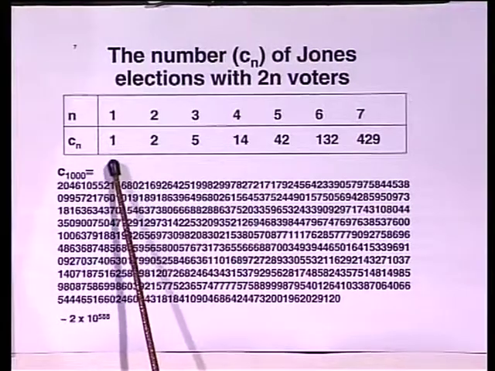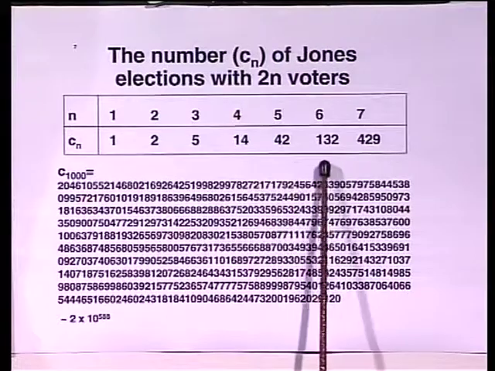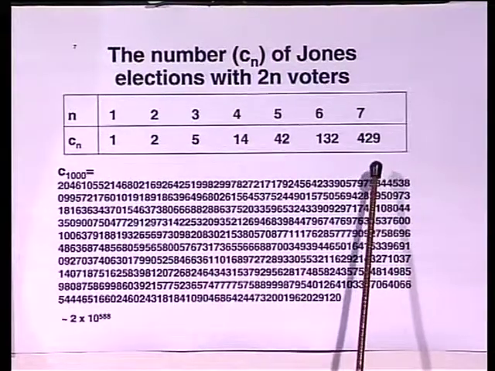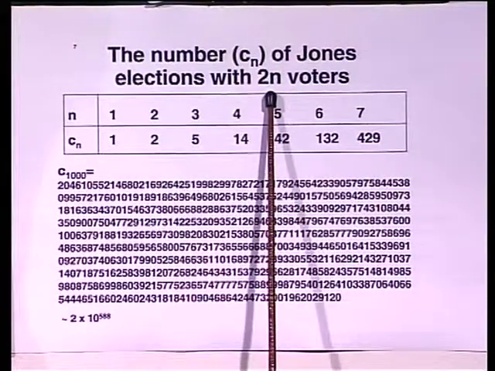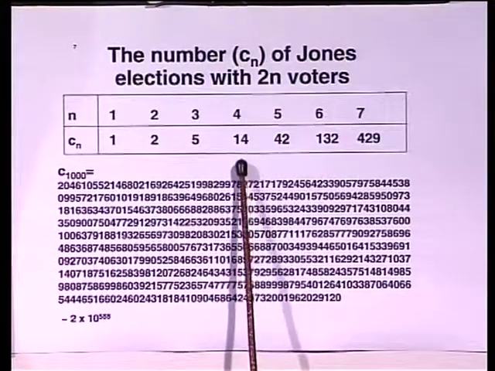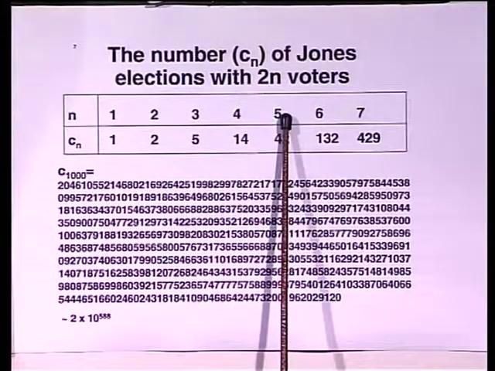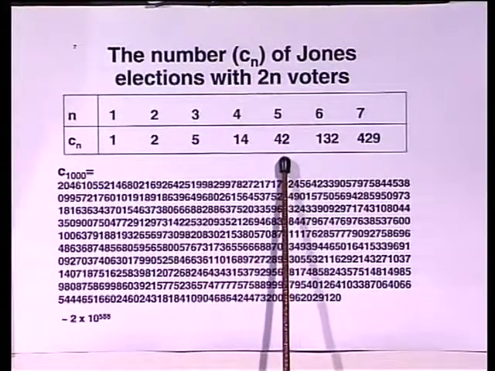So here is a table in which I've tabulated the different number of Jones elections for electorates with 2n voters. So we just looked a moment ago at 8 voters, and there were 14 elections. If we'd looked at twice 5 equals 10 voters, we would have found 42 Jones elections.